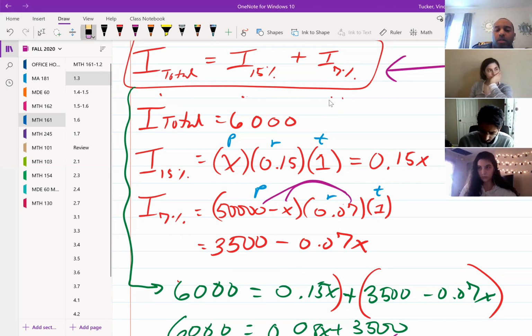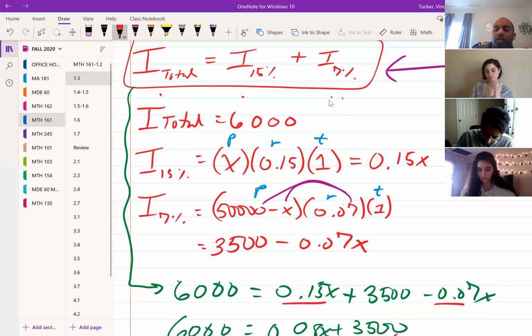All right. So now, moving on to the next piece, we're going to combine like terms. 0.15x minus 0.07x. I see somebody in the chat asking: that 3,500 came from 0.07 times this 50,000 right here. That will give us 3,500.